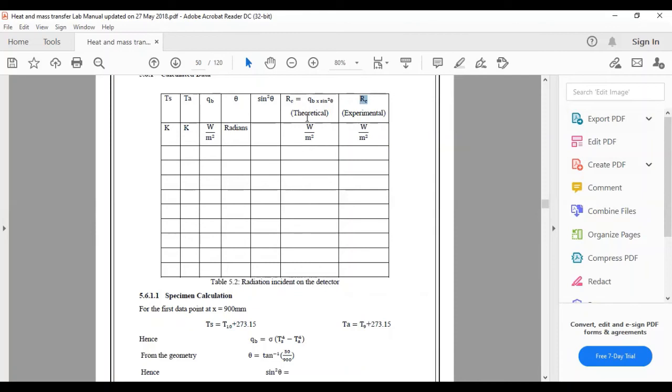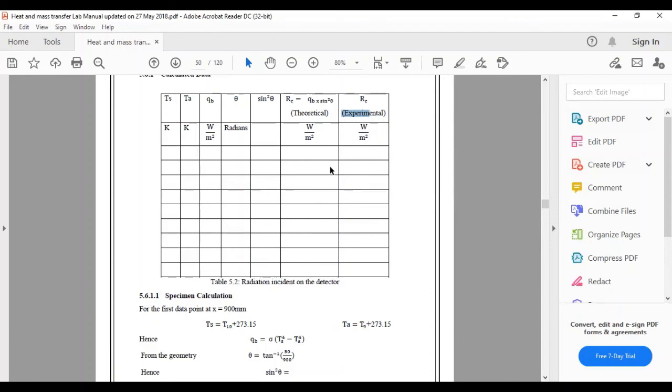So one value is theoretical, the second value is experimental. All of these values against different sets of readings we will observe here, and these two values should obviously be the same. If these two values are the same, we will say that our experiment is reliable and valid.